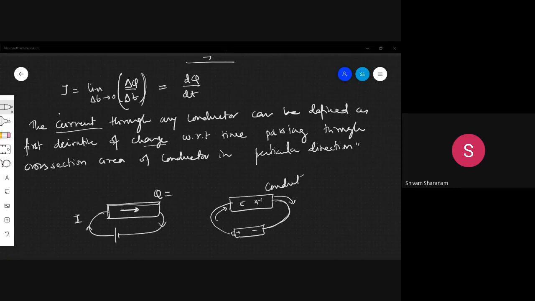Is that clear? When a current is flowing through the conductor, the conductor will be electrically neutral. It will not have any charge. Am I clear to everyone? Okay.